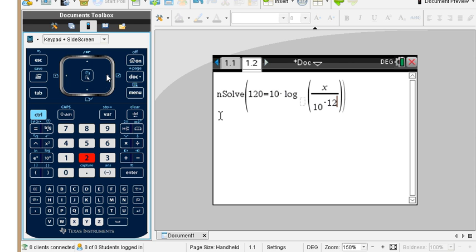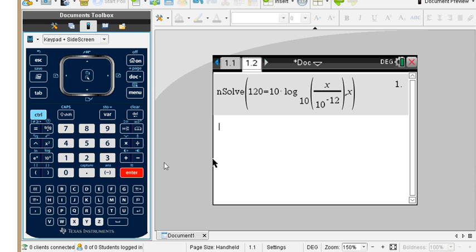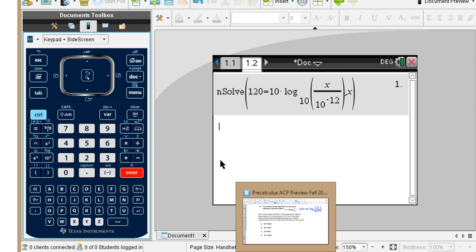Then we go over here to the right of the equation. When I was doing this earlier, I put my comma one parenthesis short, so you have to make sure you're outside the whole equation before you press comma, then X, and then press enter. We get 1. So it's going to be 1 watt per meter squared.